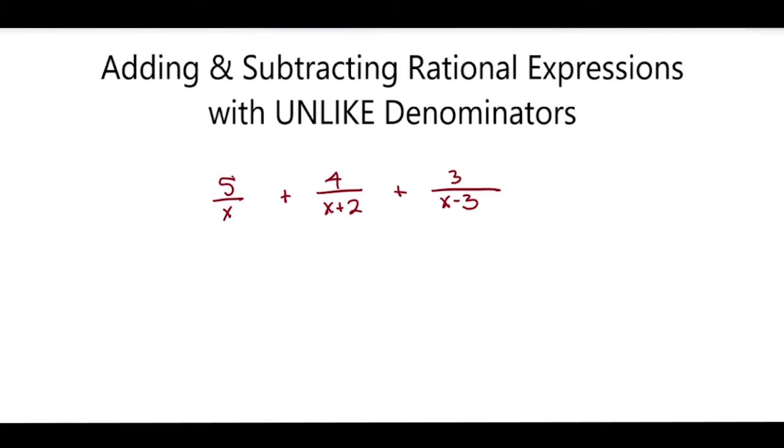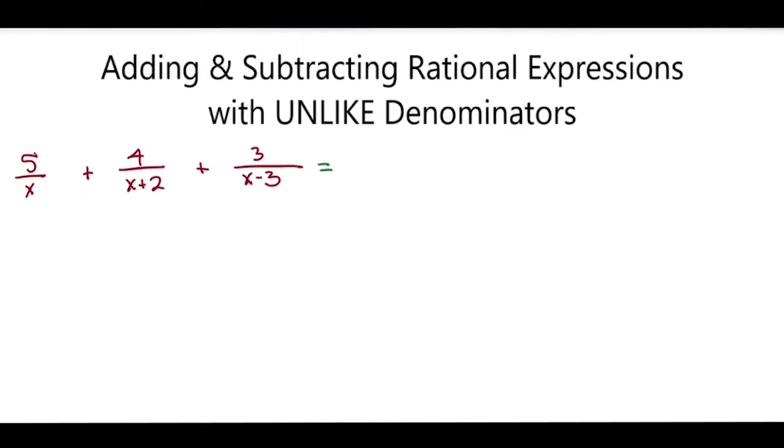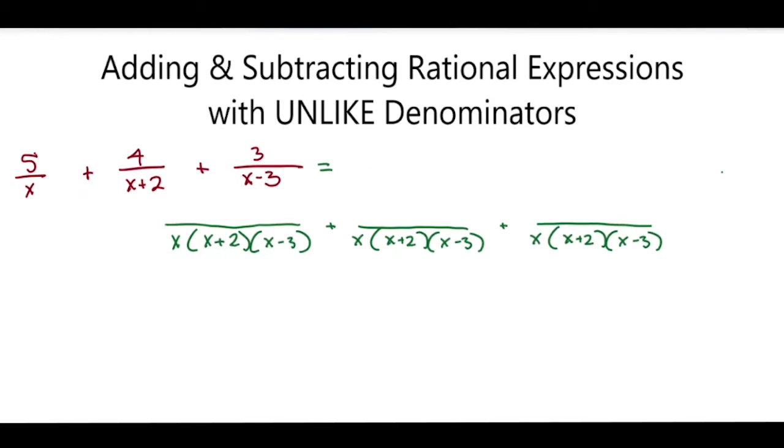So what that'll do is it'll make all of the denominators x times x plus 2 times x minus 3. Then what we have to do is multiply the numerators all by the other denominators. So I'll multiply the 5 by x plus 2 and x minus 3.